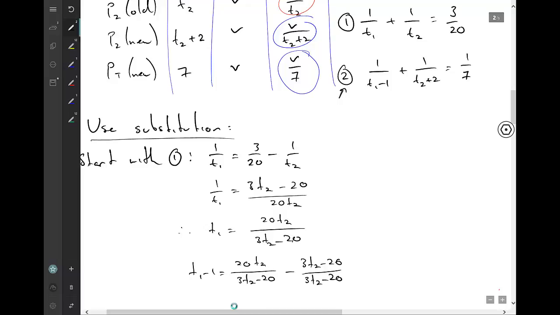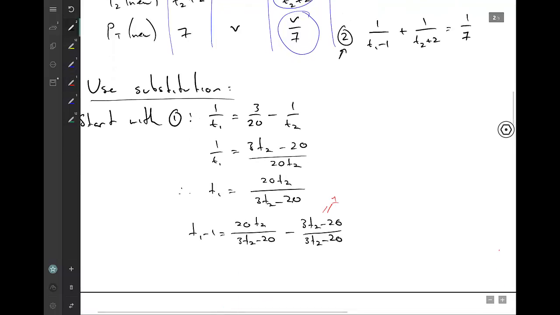This is because this thing here is equal to 1. So that whole thing there is equal to 1. If we simplify that, we end up with 17T2 minus 20 on, no we don't, minus and minus should make a plus, so be careful with that, 17T2 plus 20 on 3T2 minus 20.